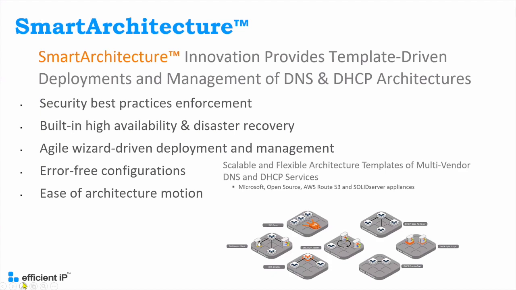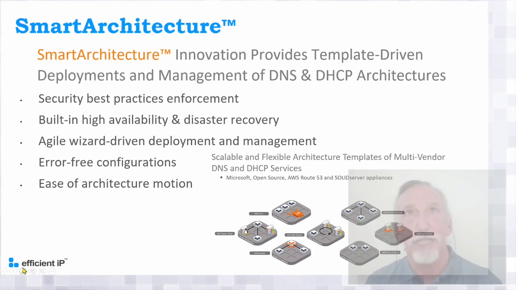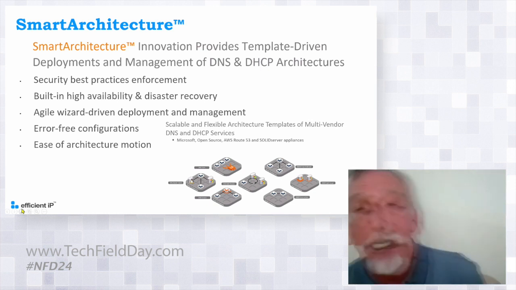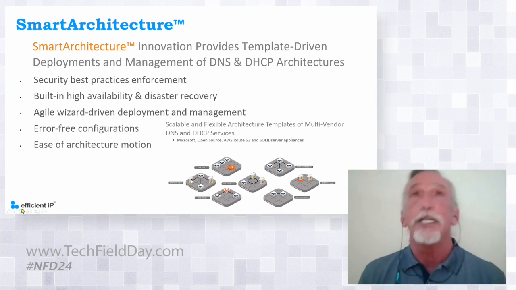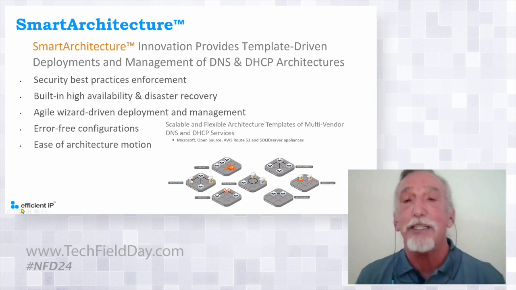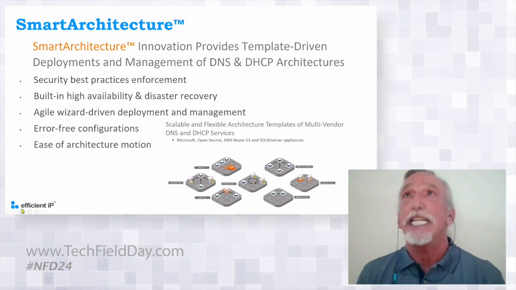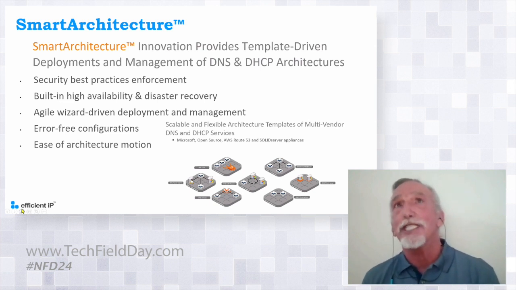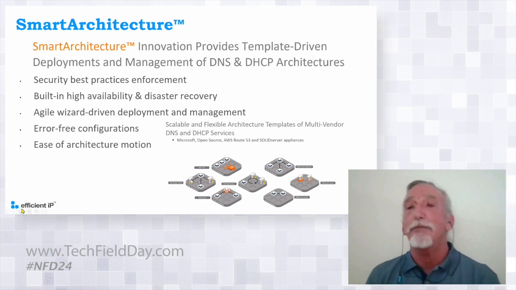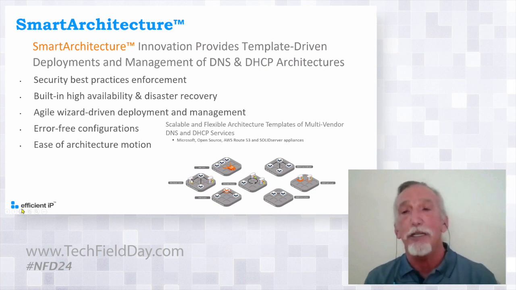A smart architecture, as far as what it does, is we create all of the options, right? Everything, all of the definitions as far as DNS goes, and it's an arbitrary collection of servers. So I go in and define everything that I want as far as how those servers are going to behave. And then I can add servers in or out through the smart architecture, and so I can scale up and scale down at a moment's notice, right?